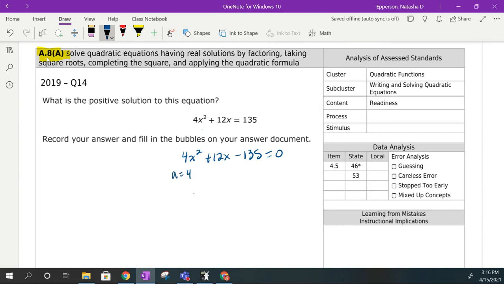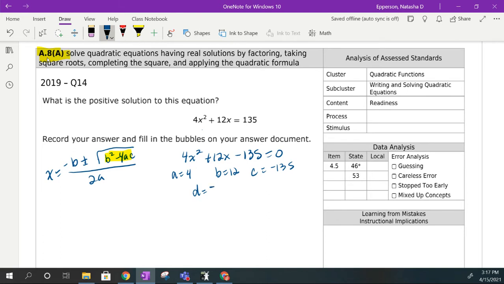So my a here is equal to 4, my b is equal to 12, my c is equal to negative 135. Your quadratic formula is on your STAAR reference material. This is going to be negative b plus or minus the square root of b squared minus 4ac, all over 2a. Now, the first thing I'm going to do is find the b squared minus 4ac first, which we call our discriminant.